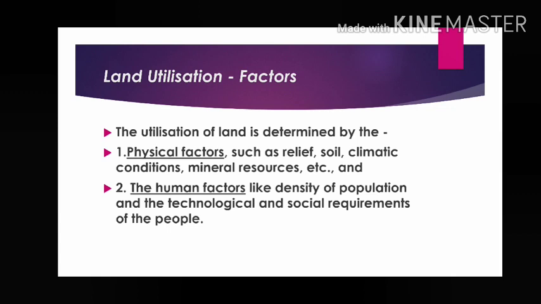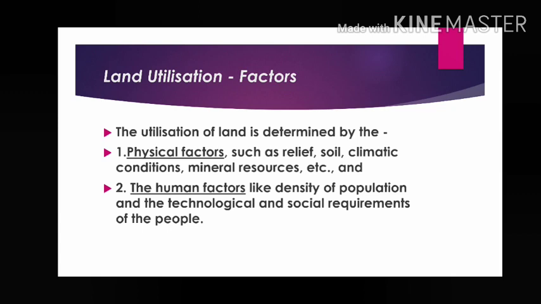So land use is determined, it is controlled by two factors. One, that is physical factor, another that is human factor. Physical means it is always related to nature, and human factor means it is always related to human beings. That means physical means natural, human factors means related to us.